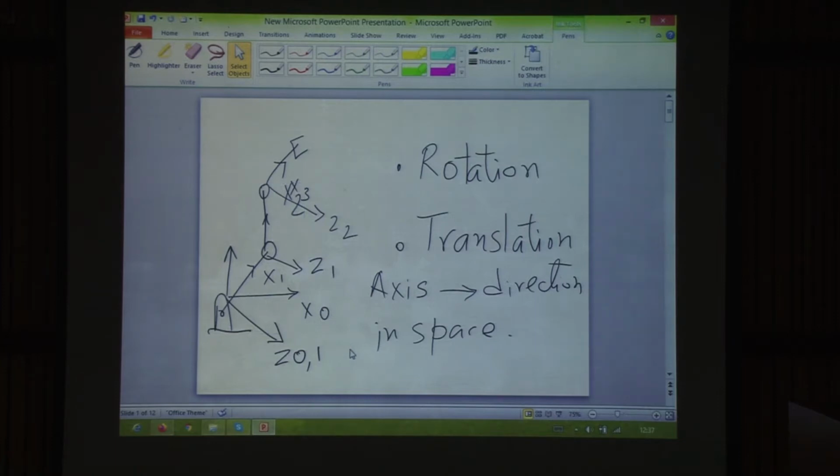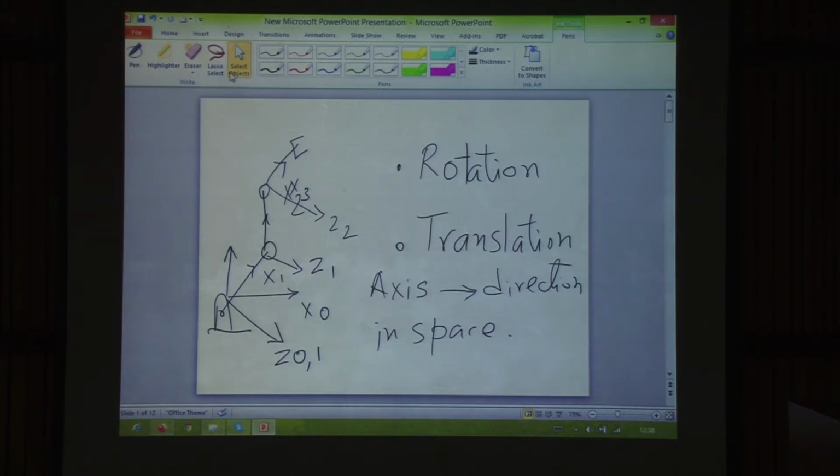So basically what we need to know is the relation between the position and orientation of the last end effector with respect to the base of the robot.